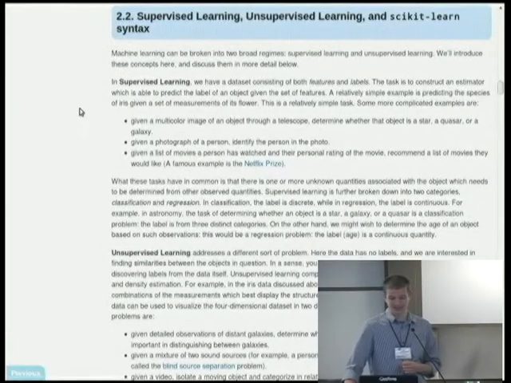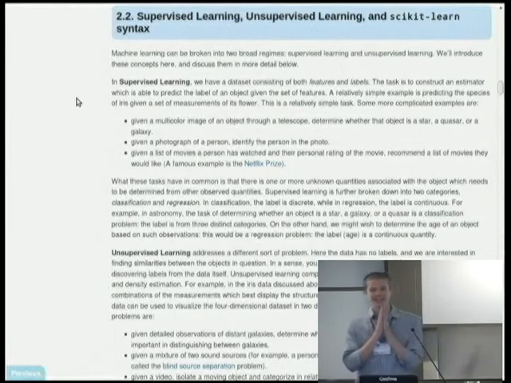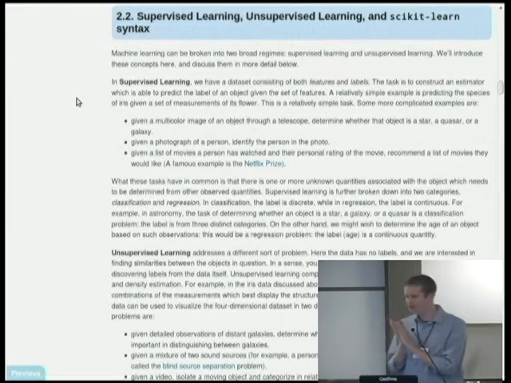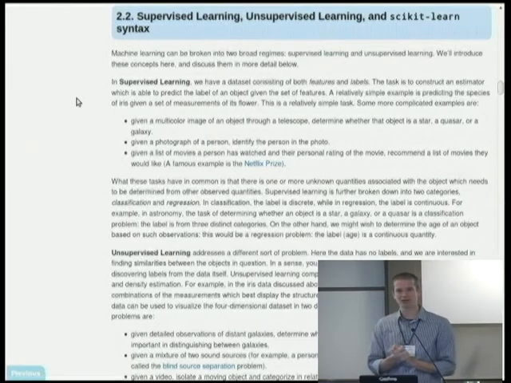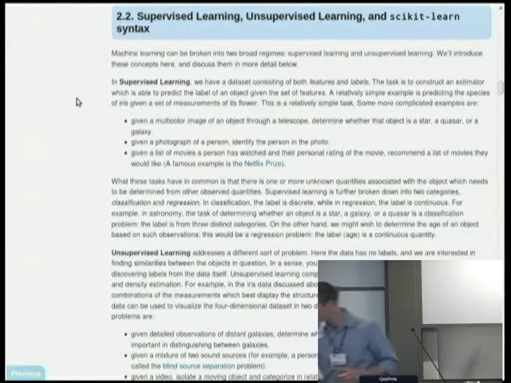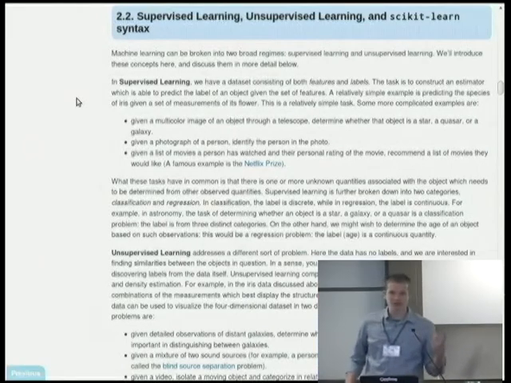and how that affects the scikit-learn syntax. Basically, supervised learning is the case where you have a set of objects where you know the true label, and then you have another set of objects where you don't know the true label and you want to figure out what the label is for that unknown set. For example, with the digits we were looking at before, you might have a few thousand handwritten digits where you know it's a 1, 2, 3, identified by a human.